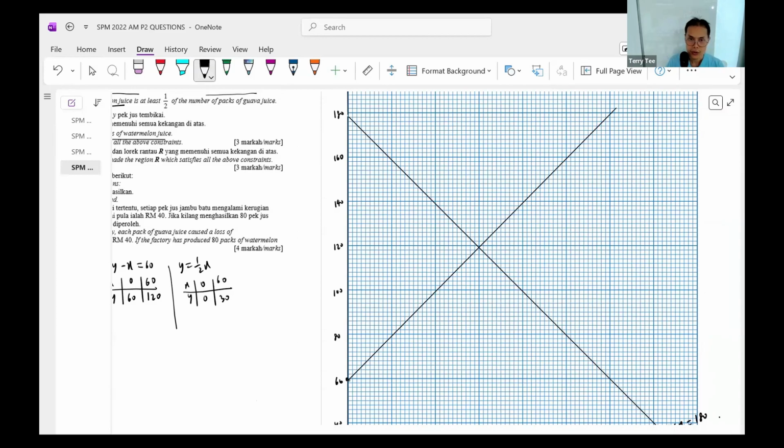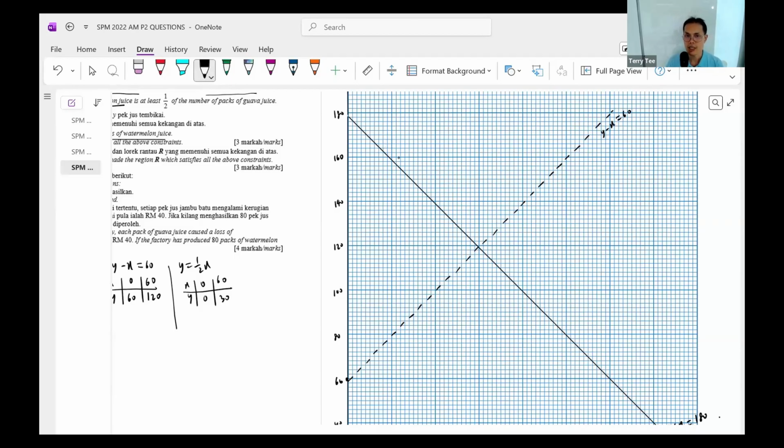I draw a dotted line on top. It looks like this. This is y minus x equals 60.